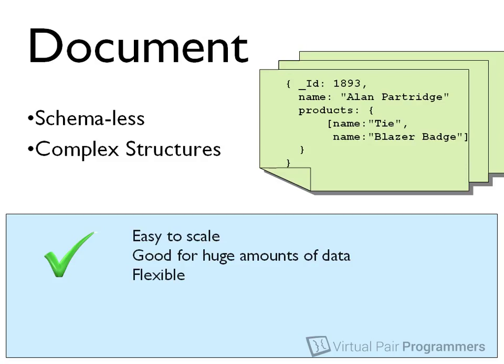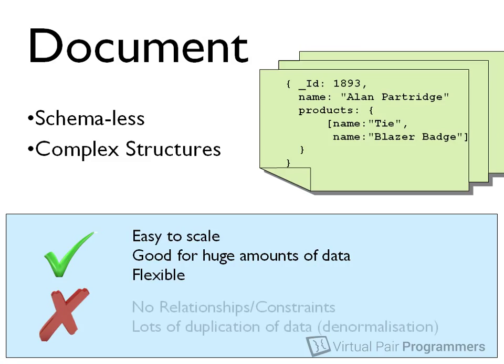If you have optional fields, then instead of having lots of fields with nulls, which you would have to do on a relational database, in a document database, you just leave out the fields that you don't need. So you don't need to know at design time the exact structure of the data that you're going to be working with. For the drawbacks, well, there are generally no relationships between the records in the database.